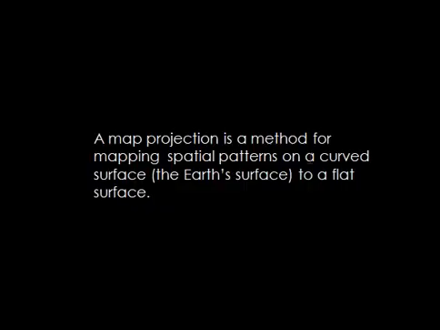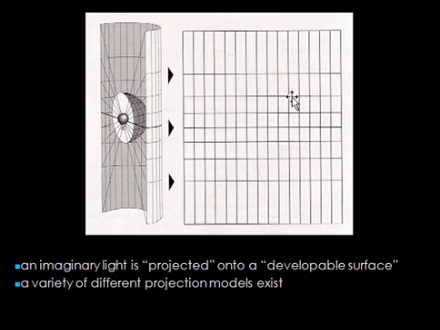A map projection is a method for mapping spatial patterns on a curved surface, that is the Earth's surface, to a flat surface. This image represents an imaginary light projected onto a developable surface. A variety of different projection models exist.